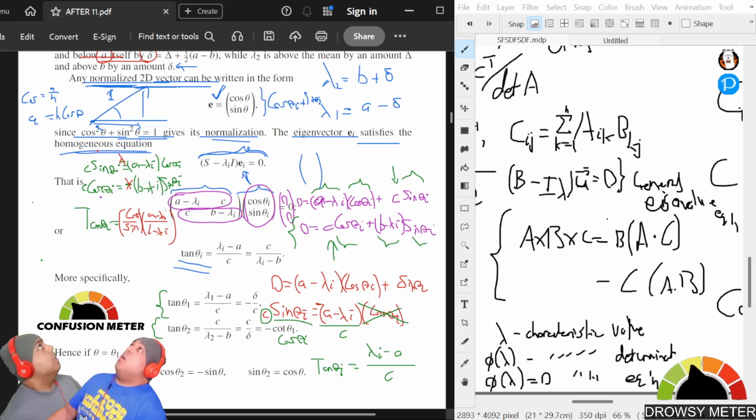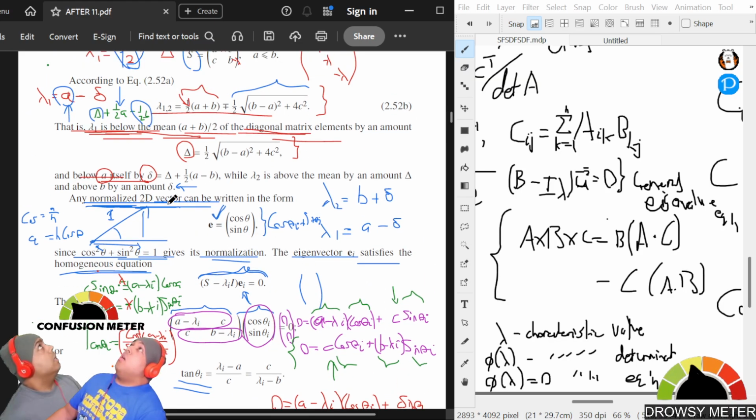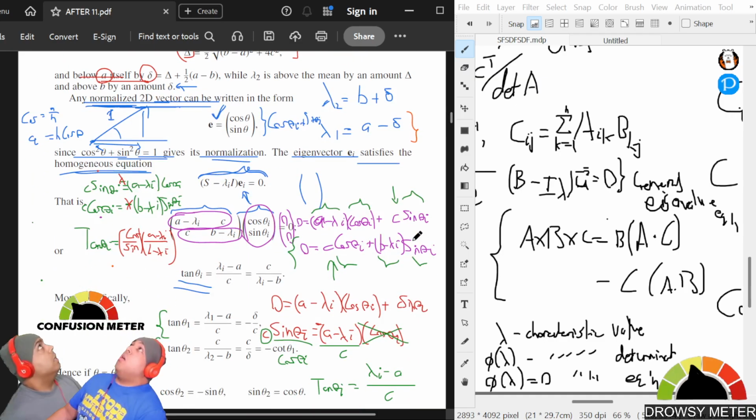And from our earlier definitions, lambda 1 equals a minus delta. So if we replace this with a minus delta, a minus a is 0, and we're just left with minus delta.